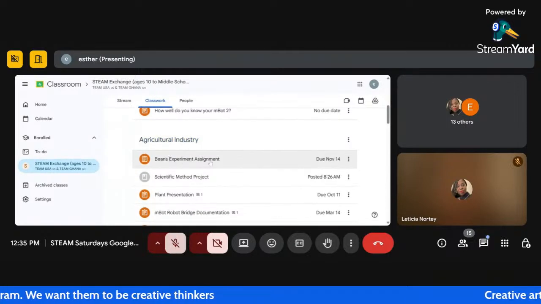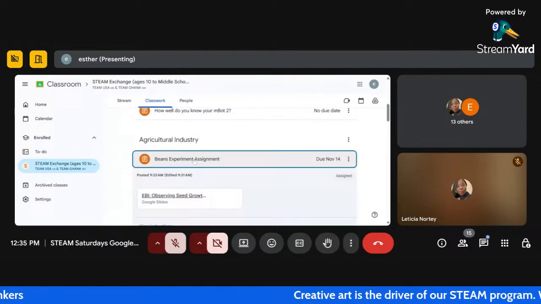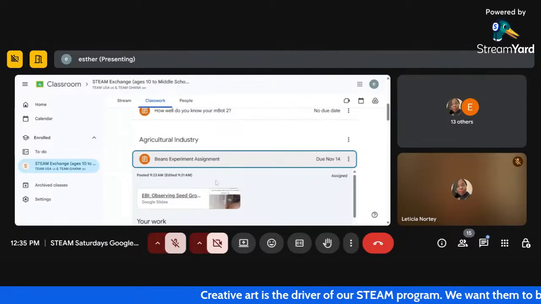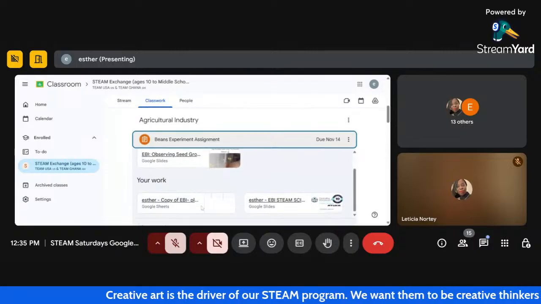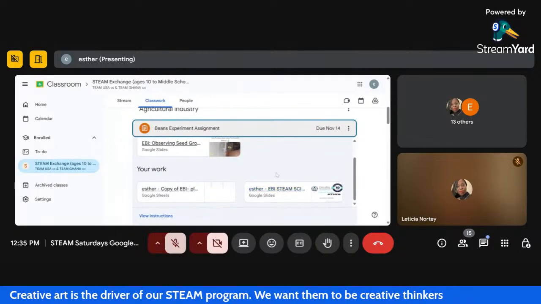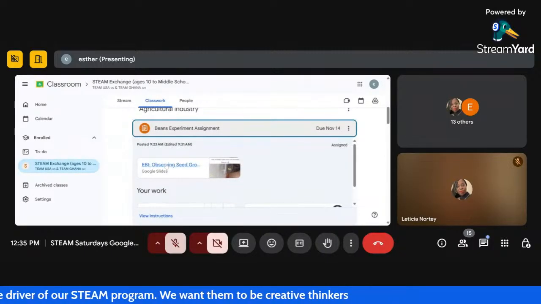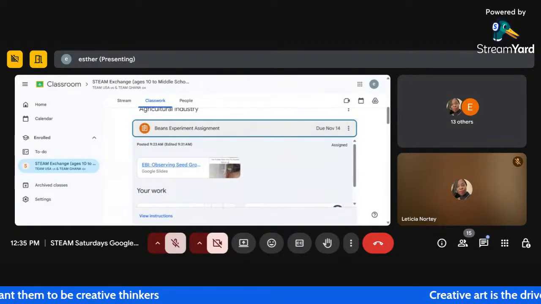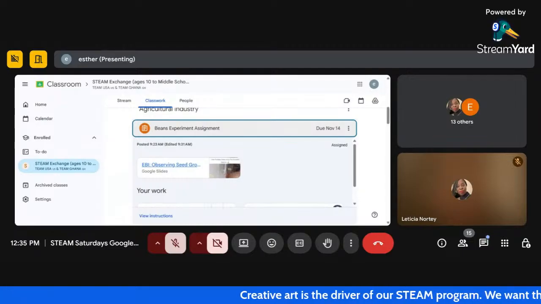And then you see this one, the beans experiment right here. When you click on it, you are going to only see this one, but scroll down and then you will see the others. So this is just your notes, okay? This is just the materials that you are going to need that Miss Nona did. So this is the class materials.